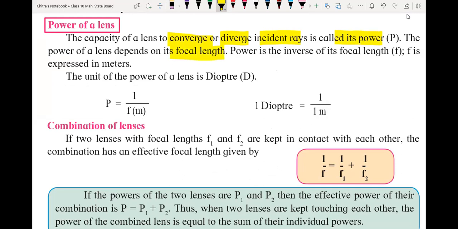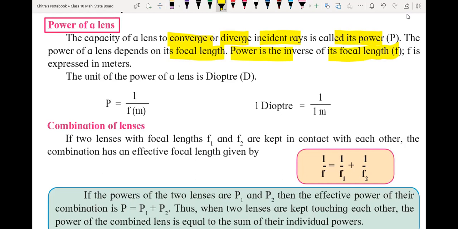If the focal length is less, the power is high, and if the focal length is more, the power is less. So the power is the inverse of the focal length.